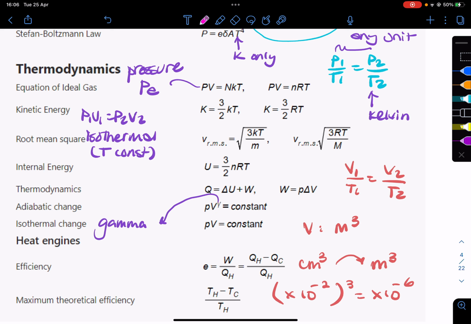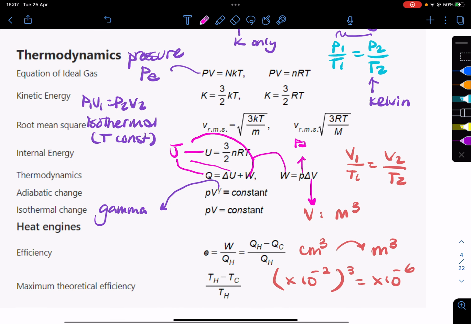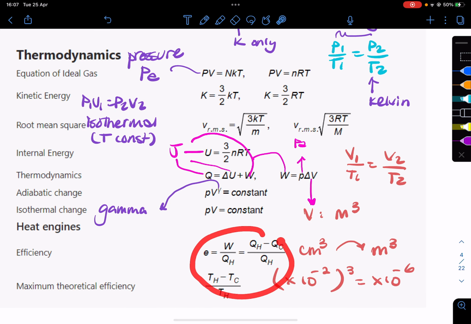Okay, U is in joules, Q is in joules, delta U is in joules, and W is in joules. P is in pascals, and V is in meter cubed. For these equations, again, W and QH are in joules.